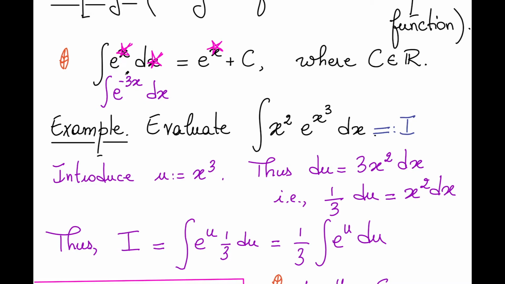If the star is negative 3x, I don't see the star here. Make sense? So I want to do a u-substitution again. And the u-substitution is going to be this negative 3x. The u is going to be negative 3x. So let's do it in order to apply the leaf.